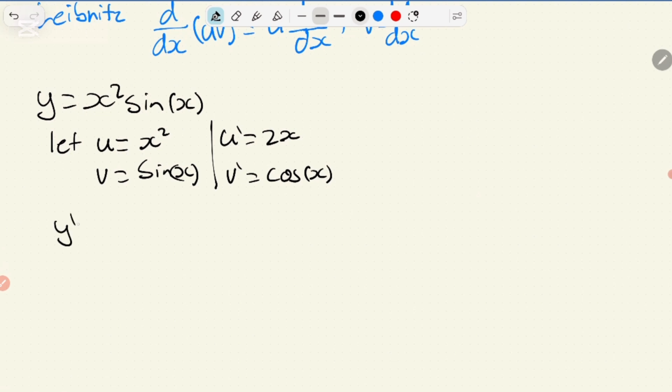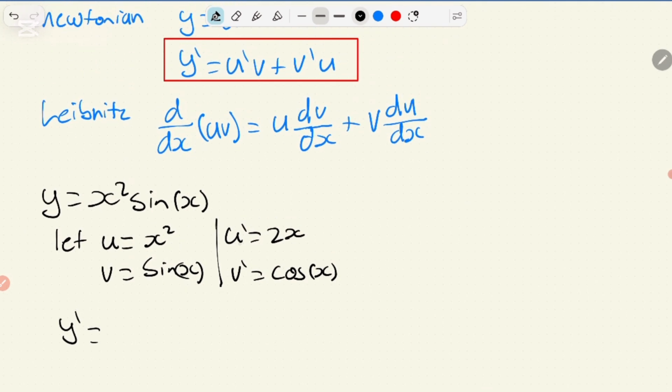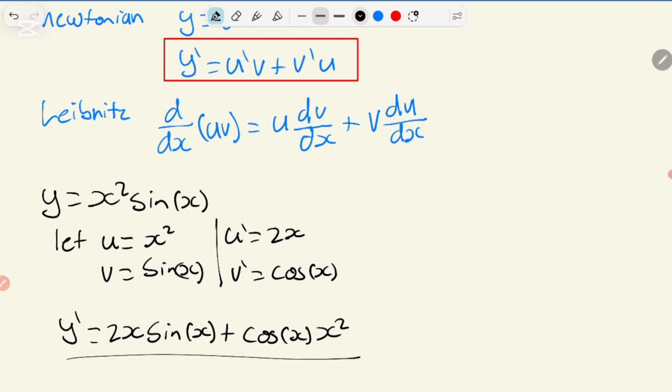So y dash equals u dash, which is 2x, times v, which is sine x, plus v dash, cosine x, times u, which is x squared. There you have it, that one's complete.